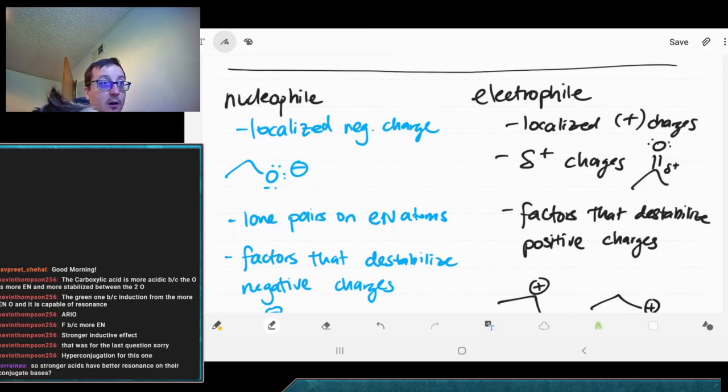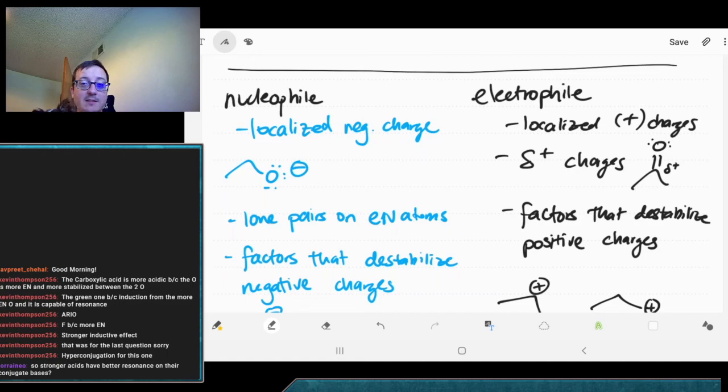Yes. So, the better you can stabilize your conjugate base by whatever means possible, that's going to make your acid stronger. So, we can't really compare acid strength directly by looking at the acids themselves. We always want to look at the conjugate base.